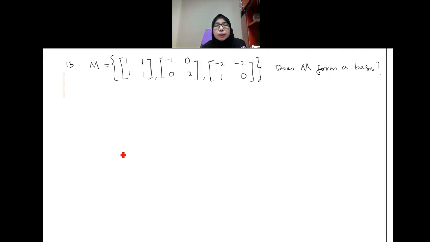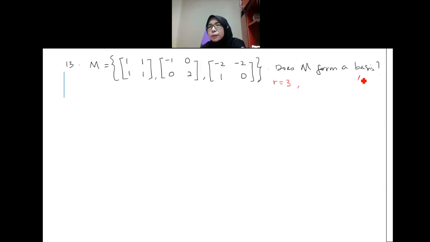So check R and N. Here the number of vectors in M, I write here R: 1, 2, 3. So there are 3 vectors in set M. What is the dimension for set M? This vector space is M2 by 2, right?